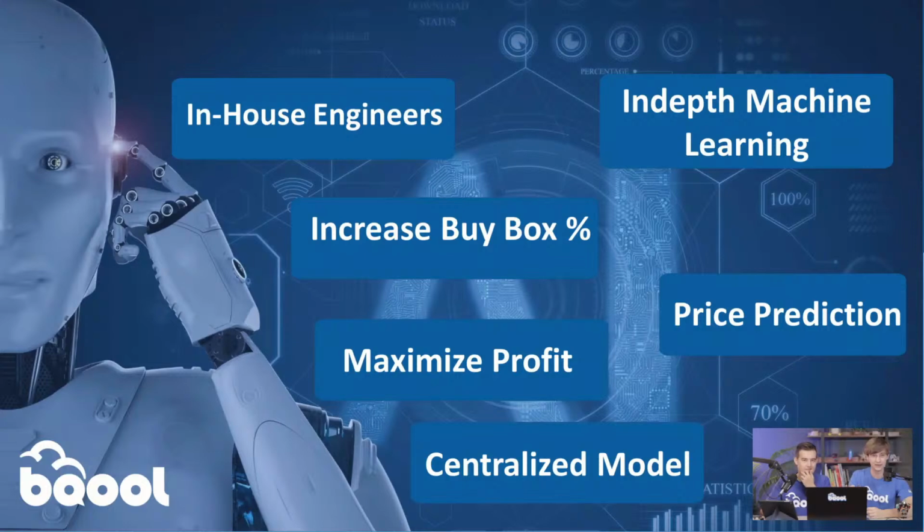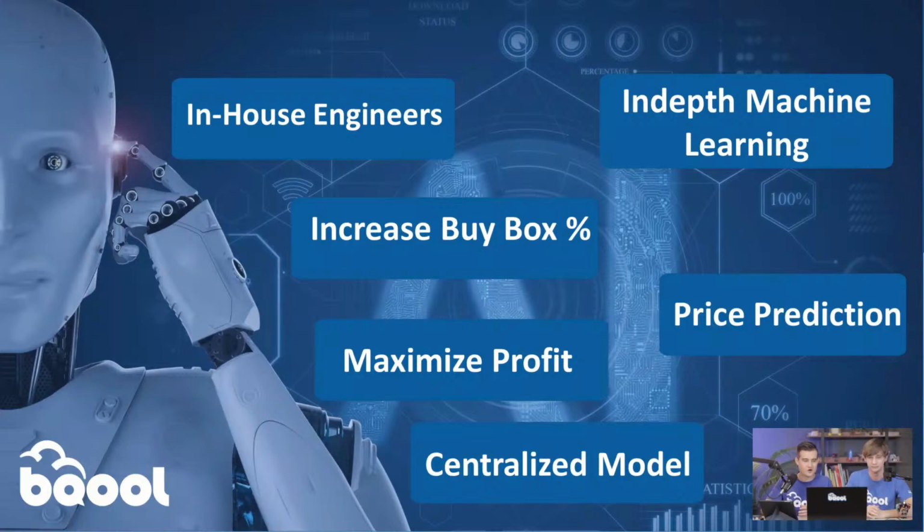For us, a lot of people have been working with us for more than 10 years, and they always try to find the best way to improve the AI technology, which gives you an even higher chance to win the Amazon buy box. And because we have accumulated data for more than 10 years, it helps us make better price predictions, so we know which price you should reprice to in order to win the Amazon buy box.